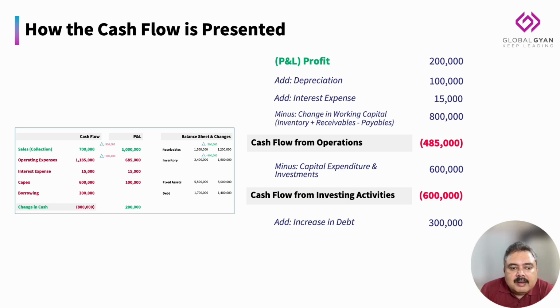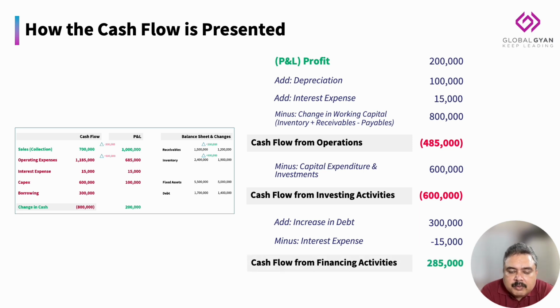And then you have what is happening on the capital side of your balance sheet, right? On your liability side. So an increase in debt of 300,000. So that's an inflow of money, but there's also an outflow of interest towards the debt that you have to pay. So that's a net impact of a positive 285,000, which is coming from financing, which is related to your capital. So if you raise equity, you would add it over here.